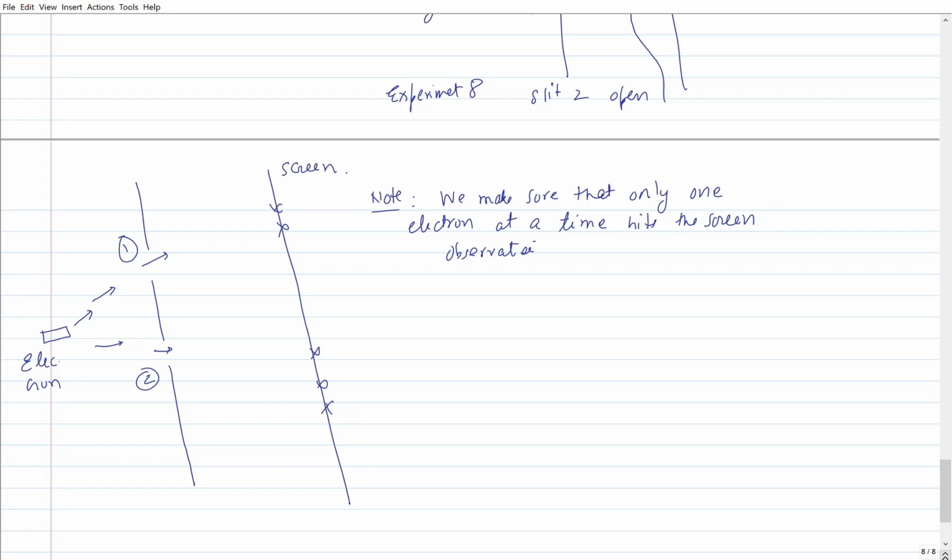And then you plot the histogram, and what do you observe? Well, you observe a curve like this, which I would call P12, and you can immediately see that P12 is not equal to P1 plus P2.